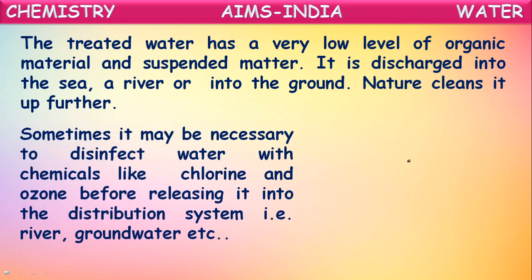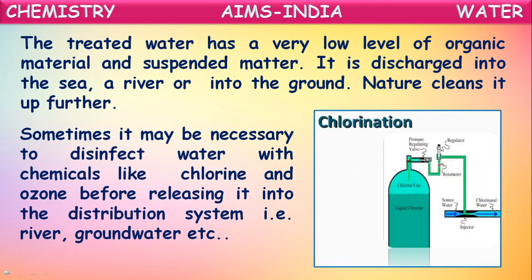Sometimes it may be necessary to disinfect water with chemicals like chlorine and ozone before releasing it into the distribution system. So the water thus obtained will be almost pure, but it may still contain some bacteria or germs. To purify that further, it is necessary to pass some disinfectant like chlorine or ozone through this water, which kills these bacteria and germs.